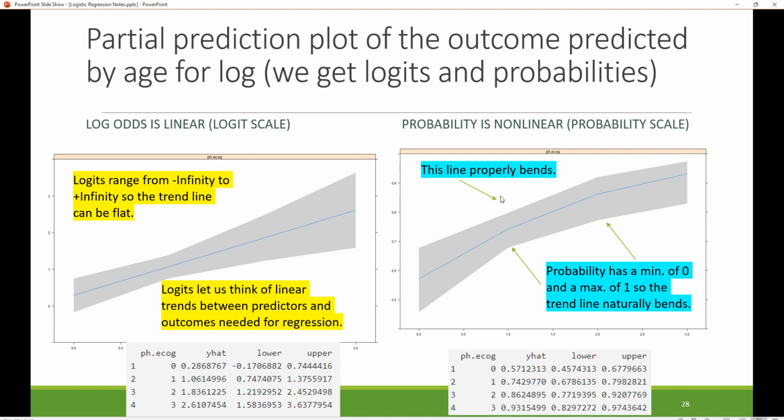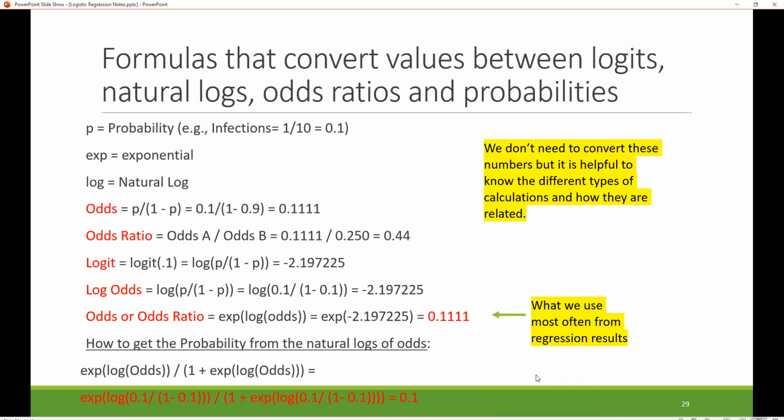So this line properly bends, and we have a probability that has a min of 0 and a max of 1, which we don't see in this plot. But we can see the trend line, and we can see that as it gets closer to 0 or 1, it's going to start to bend in a way that makes sense, and we get these probabilities on the right side that show us each of these different values for 0, 1, 2, 3 on the x-axis, and we can see what the expected probability is for each of these.